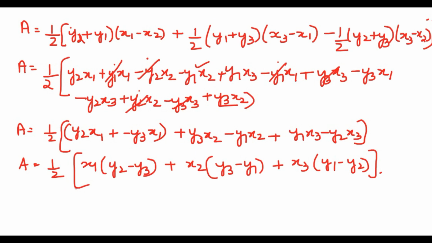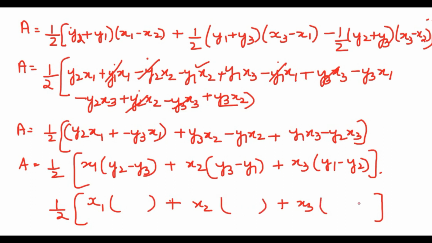You may be thinking this is also lengthy one, but it is easy to remember. Half, see x1, x2, x3 you write first. Half is common, so that you can take outside. Now the three terms will be x1, x2, x3. These are your three terms, and y will come inside the bracket. Now how you will remember these y terms?